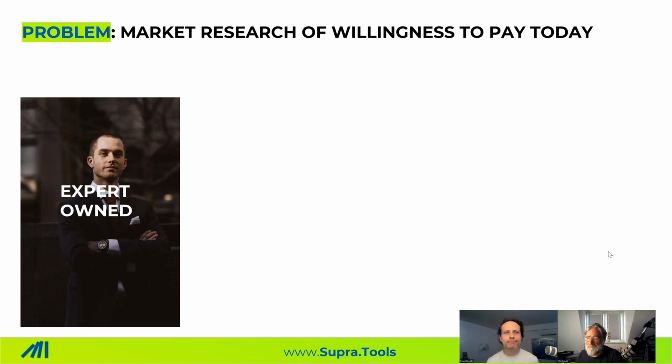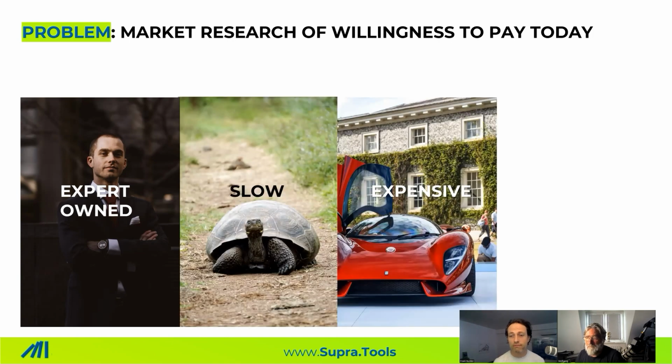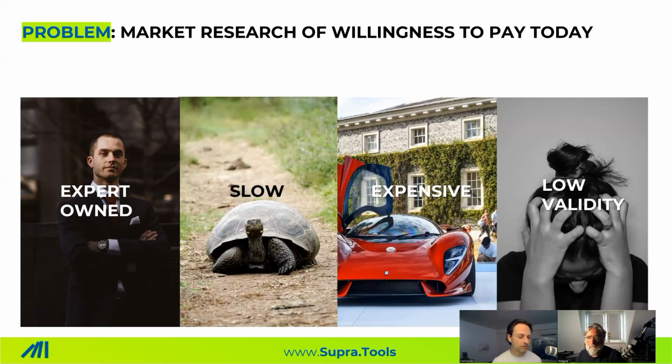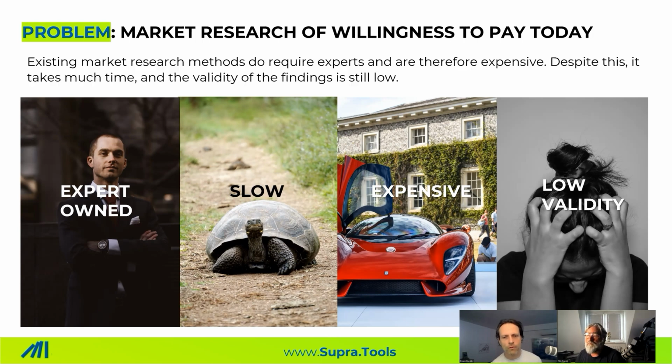But the problem is that the application is expert-owned. If someone wants to set up a conjoint study, it's not easy. Even in market research agencies, there are probably one or two people who are experienced enough to set it up. This makes it slow and very expensive, and the validity is even questionable, as you will see in scientific studies I'd like to share later on.